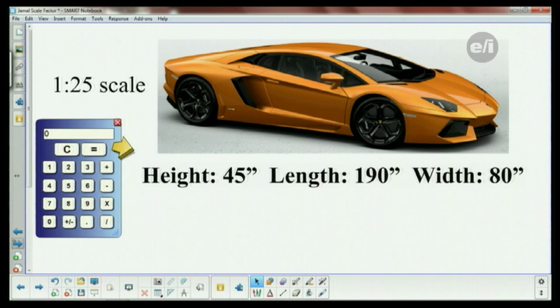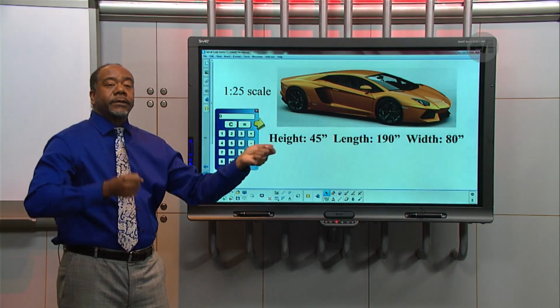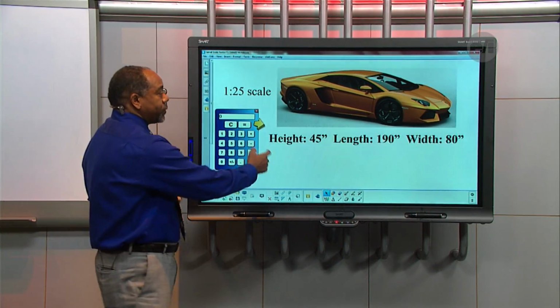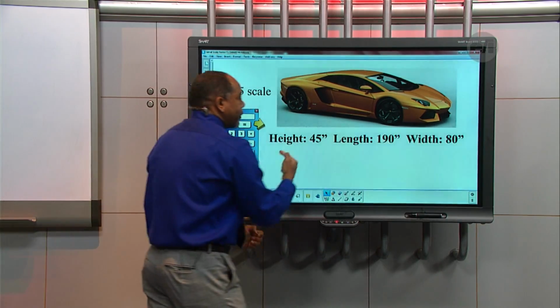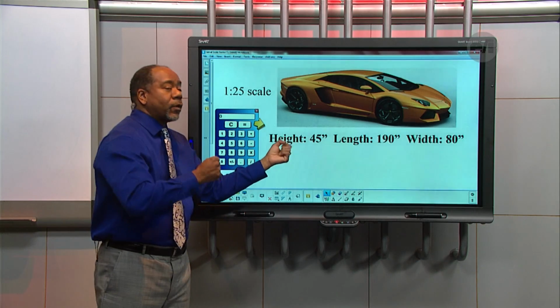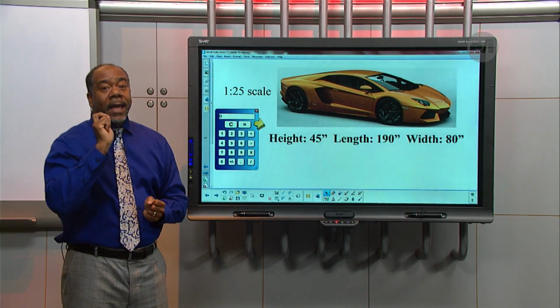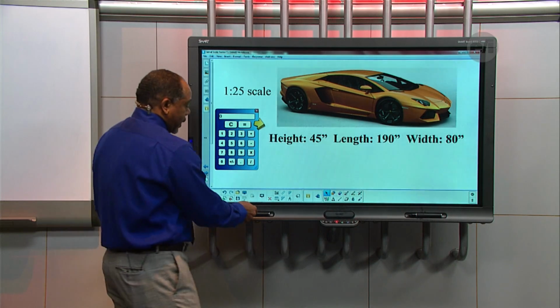Let's take a look at this Lamborghini now. The small print said the scale factor is 1/25, 1 to 25. This is the actual Lamborghini, but now I'm going from larger to smaller. So I'm going to need to multiply by a fraction in this case.